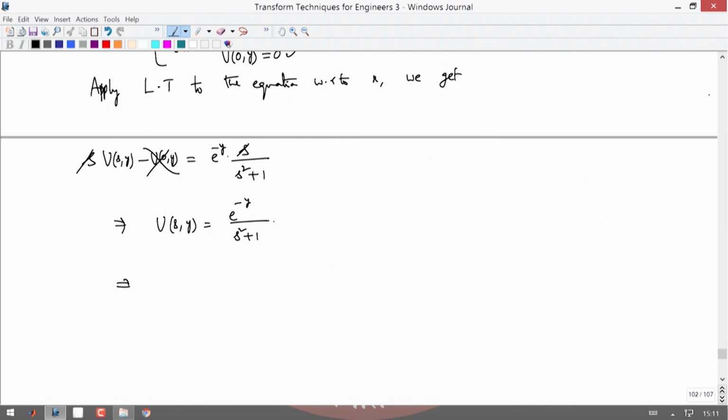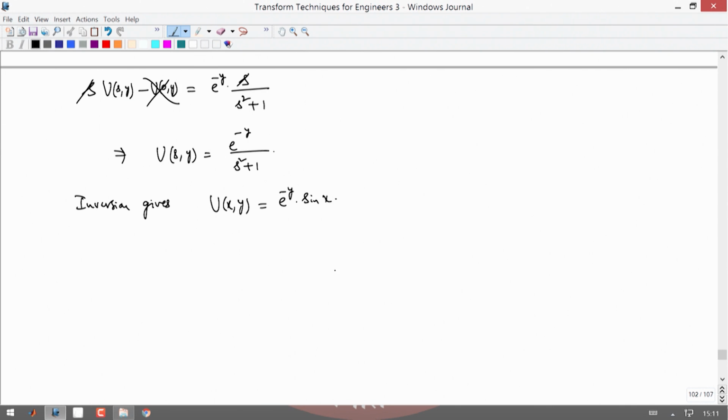So, the inversion gives capital U of (x, y), which is e power minus y times sin x. But what is U? U is ∂u/∂y, the original variable, so ∂u/∂y equal to e power minus y sin x.